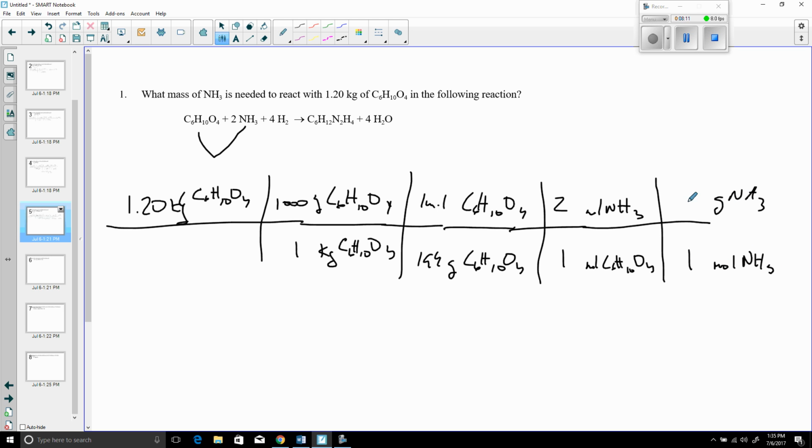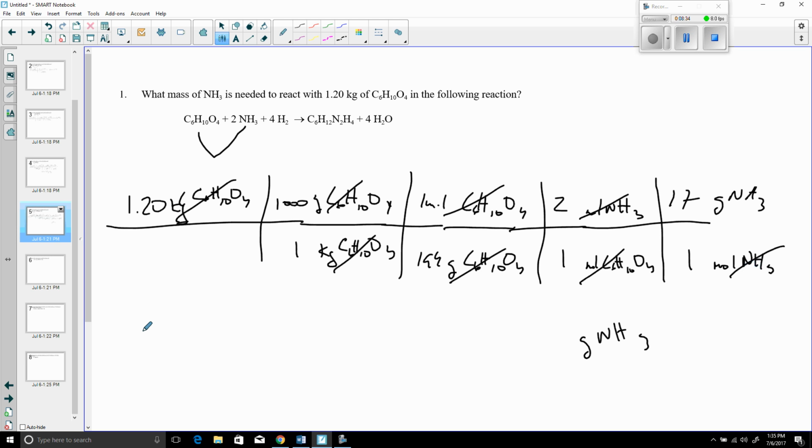And by taking the molar mass, we can find that NH3 has a molar mass of 17 grams or something really close to that. And so now we're in grams of NH3. We're done solving our problem. We just check and make sure everything cancels. Kilograms, kilograms, grams and grams, moles and moles, moles and moles cancel. We're left with grams of NH3.